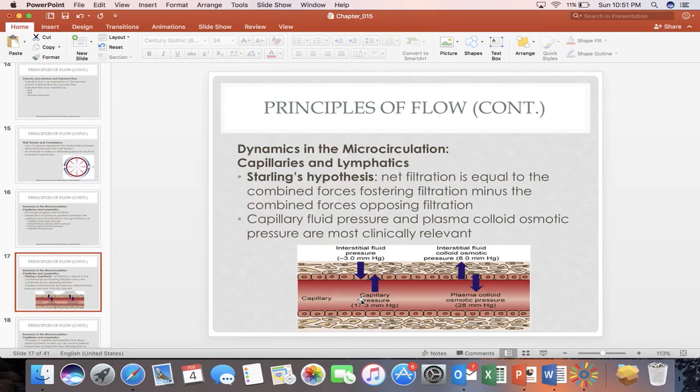So as you can see here, there are four forces. Two drive fluid out of the capillary, and two encourage the fluid to go into the capillary. And these forces are called the Starling's forces.